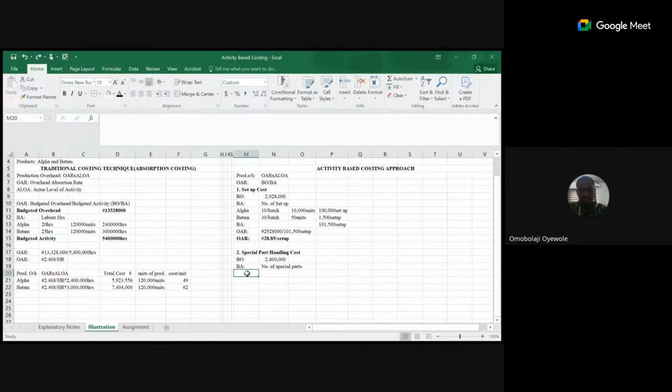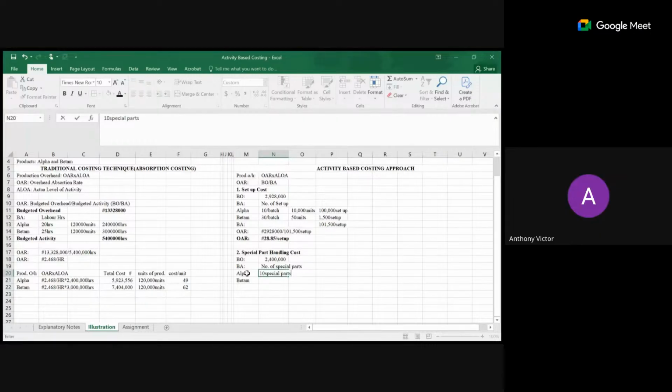So now let's calculate for alpha and for beta. Let's go to our information. We have number of special parts per unit. So our number of special parts is per unit. For alpha that will be 10 special parts.